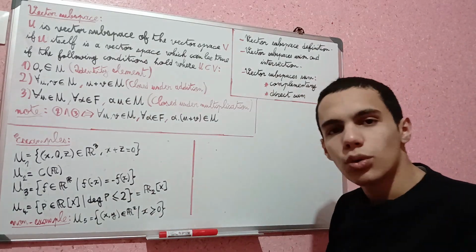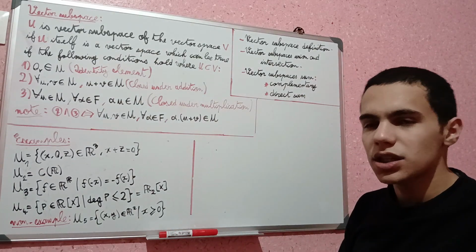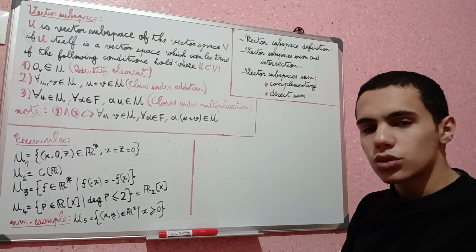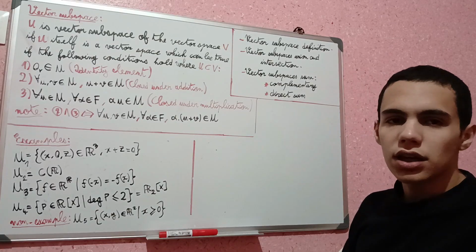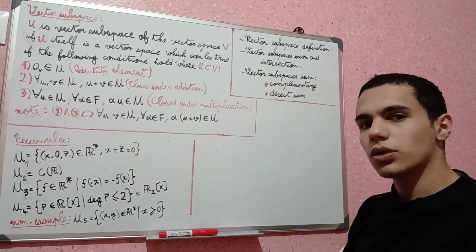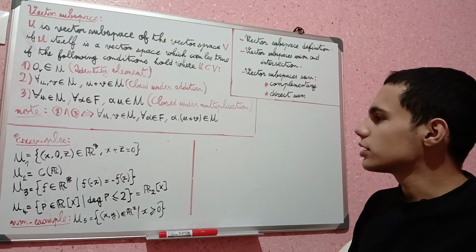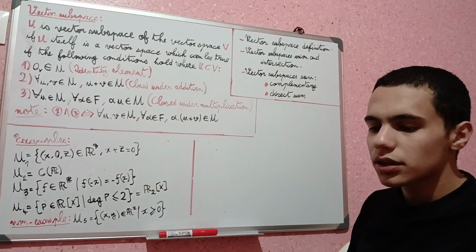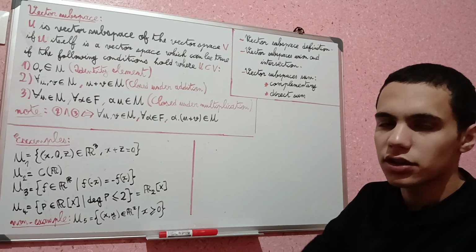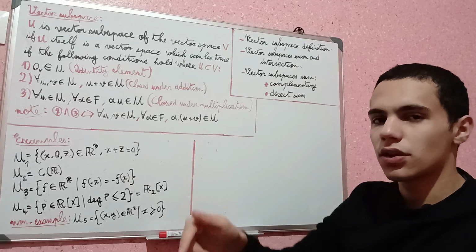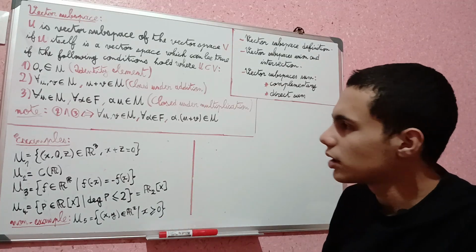Same with commutativity, associativity, multiplicative identity, associativity in multiplication, and the two laws of distributivity: they are automatically proven because they hold in the big vector space, so of course they hold in the vector subspace.